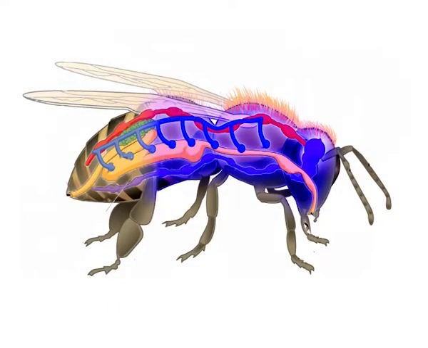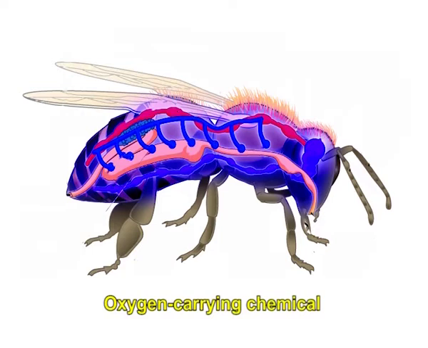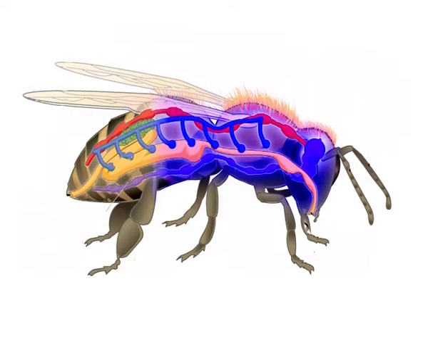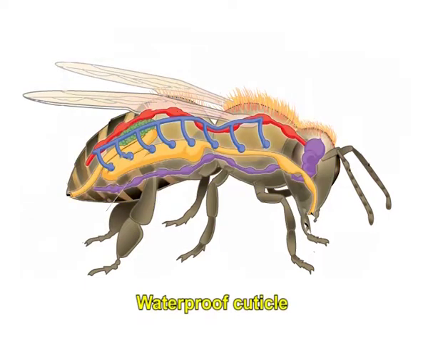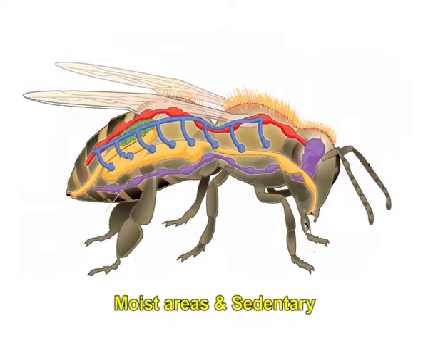Insects in general do not have an oxygen-carrying chemical in their blood, so oxygen reaches cells by other means. Most insects have a waterproof cuticle, but some insects live in moist areas and are sedentary.